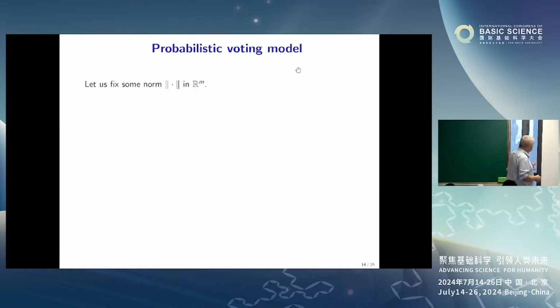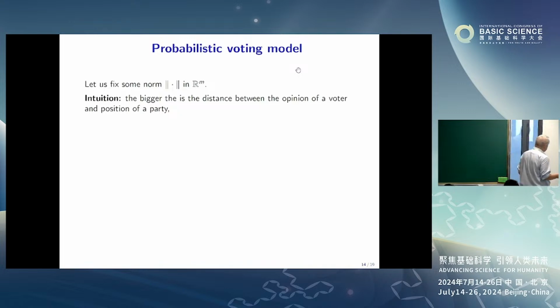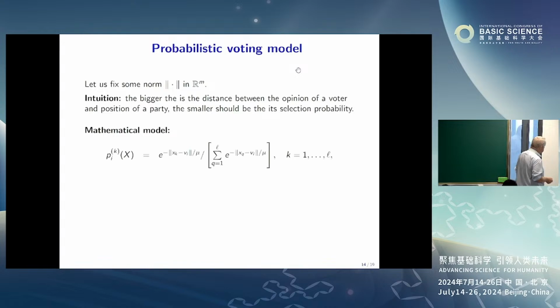We need to introduce some distance in the space of features, and the intuition is that the bigger the distance between the opinion of the voter and the position of the party, the smaller is the probability this guy selects this party. But it is not zero. Let's write it in the following model.